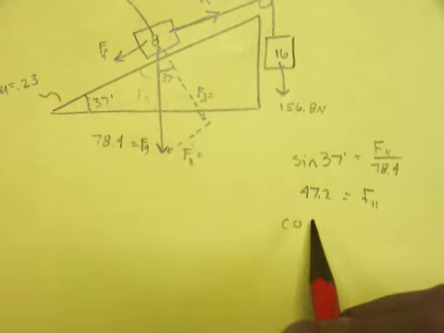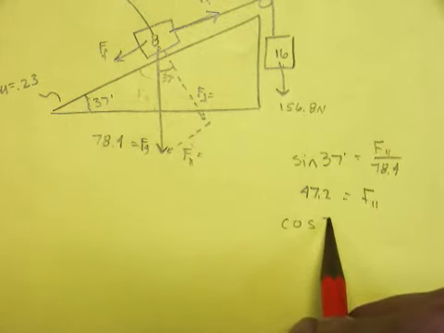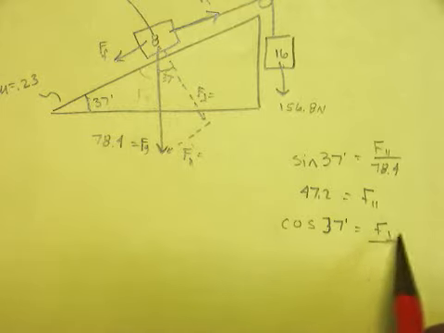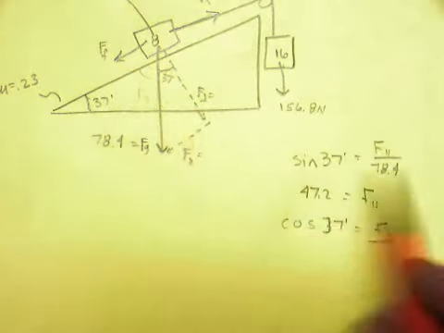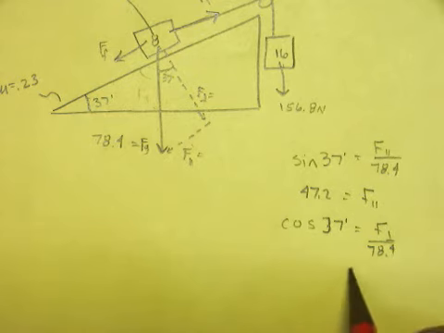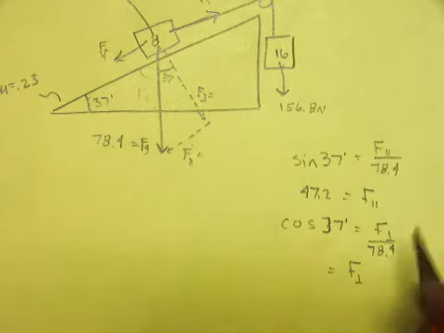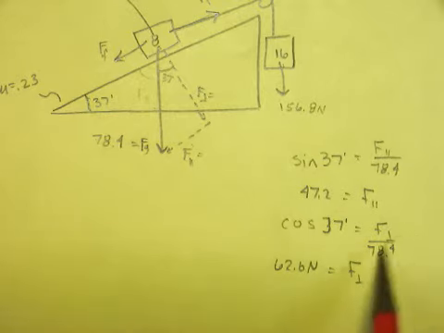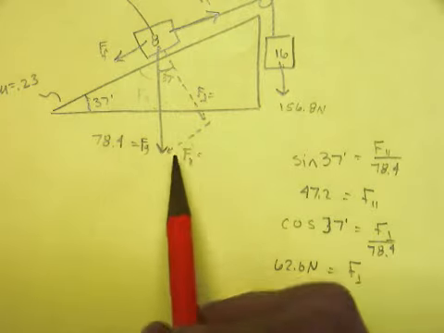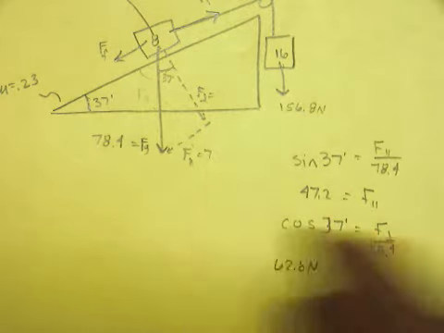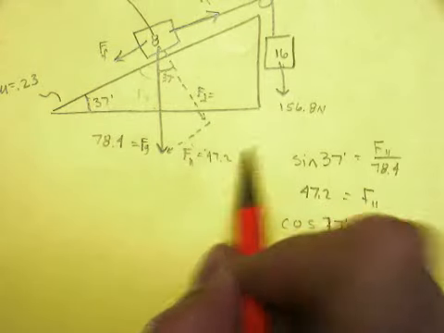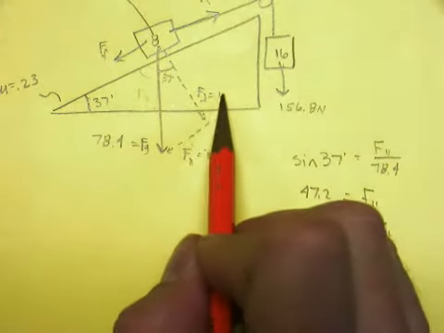And I'll do the cosine of 37 degrees is the force perpendicular, because that's the adjacent over the hypotenuse. So the force perpendicular comes out to be 62.6. So I'll write those in. 47.2, and this is 62.6.